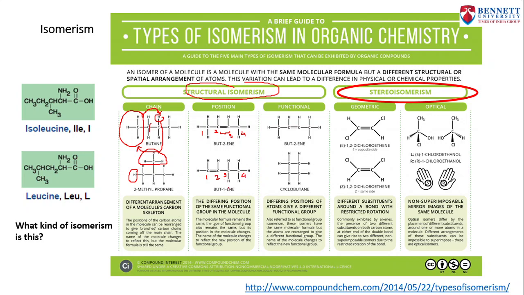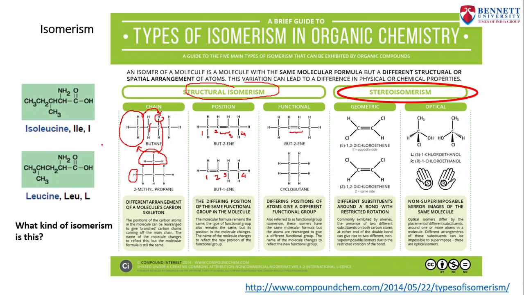The third type is functional isomerization, where a particular functional group is completely changed without changing the chemical formula. All isomers have the same chemical formula, but this one has a double bond while this one has a cyclobutane. So the functional group is completely changed, but the chemical formula remains unchanged. That is functional isomerization.